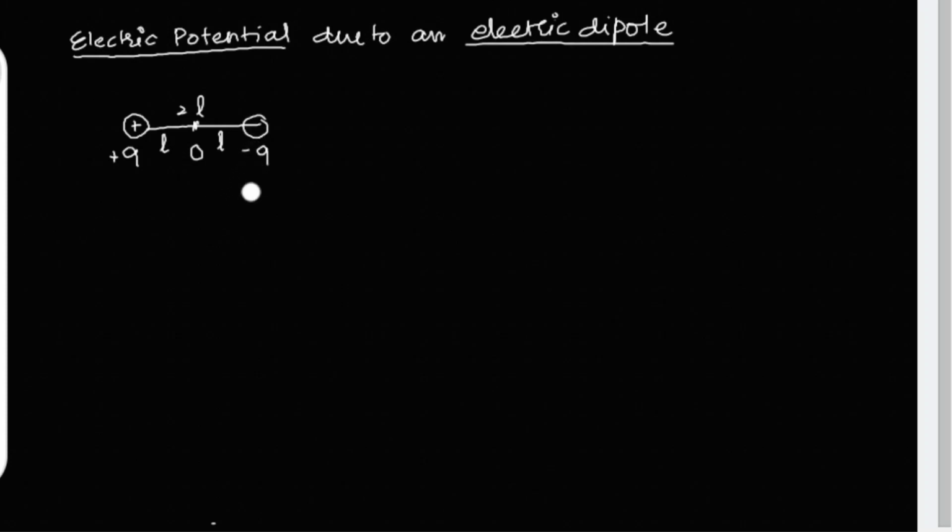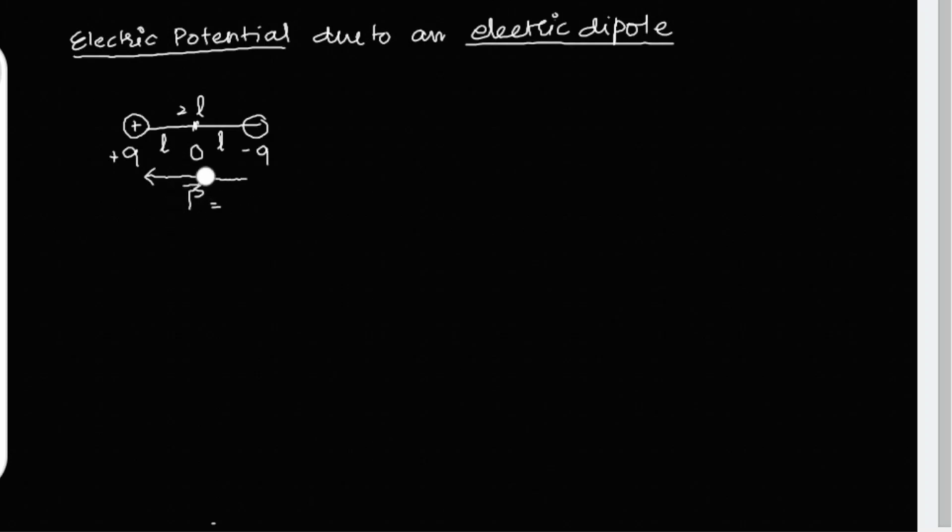Now when we take the electric dipole, we know there is an electric dipole moment, and it is always directed from negative to positive charge. It is denoted by the letter P, and it is a vector quantity. What is electric dipole moment?